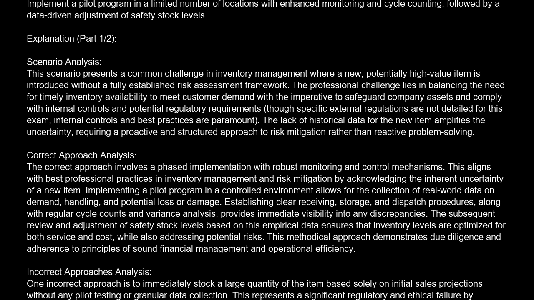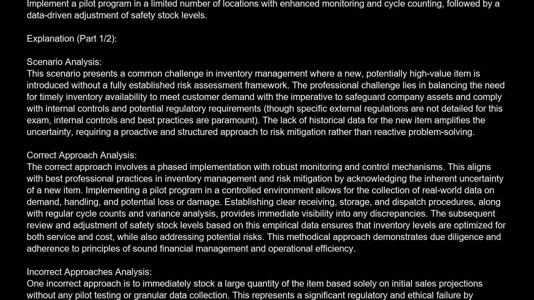This aligns with best professional practices in inventory management and risk mitigation by acknowledging the inherent uncertainty of a new item. Implementing a pilot program in a controlled environment allows for the collection of real-world data on demand, handling, and potential loss or damage. Establishing clear receiving, storage, and dispatch procedures, along with regular cycle counts and variance analysis, provides immediate visibility into any discrepancies.